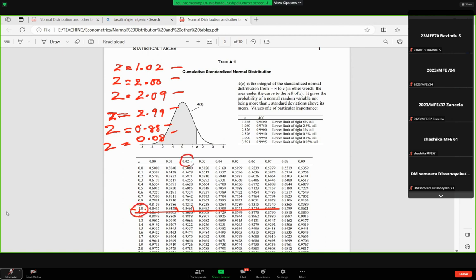Answer is this. Please find the probability for these Z values and send your answer into the chat box quickly.